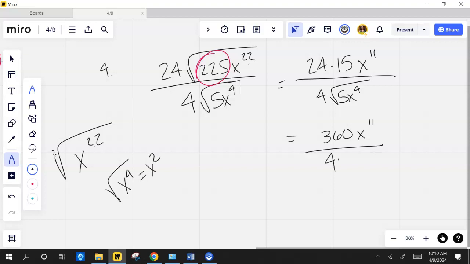So I could really write this as 4x squared square root of 5. Does that make sense? Sometimes it's easier to clean it up first before you rationalize. Just because multiplying by square root of 5 is a lot easier than multiplying by square root of 5x to the 4th. Does that make sense?